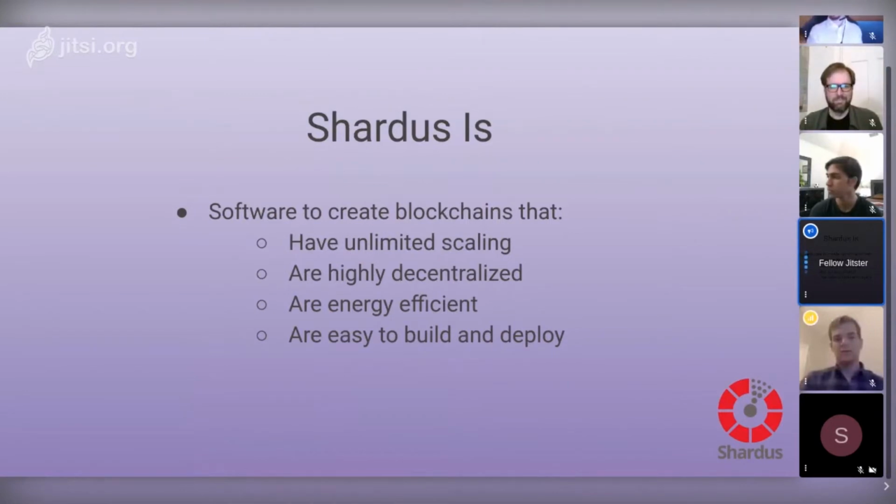And that helps to ensure a high level of decentralization. And we're also trying to use very efficient consensus algorithms, as opposed to algorithms that are based on proof of work that are very non-energy efficient. And finally, we also want to make our software so that it's really easy to build with and very easy to deploy. So we're building a lot of tooling around that as well.